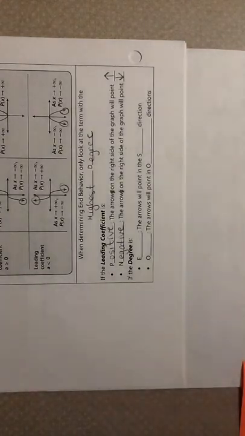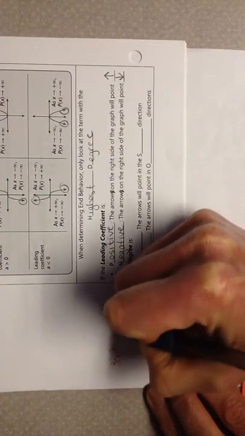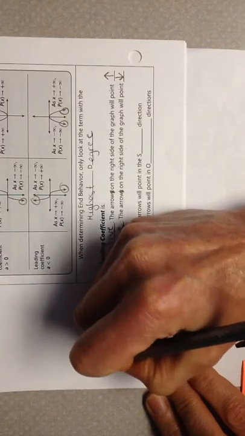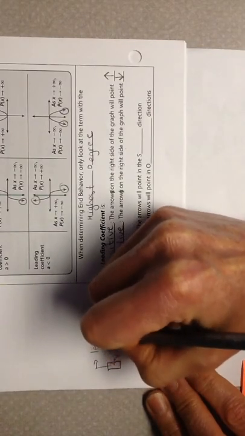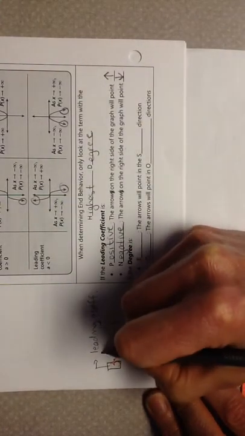Now let's make sure everybody remembers what we mean when we say degree and leading coefficient. If I have 3x squared minus 2x plus 1, this is my leading coefficient if I'm in standard form, and this is my degree.